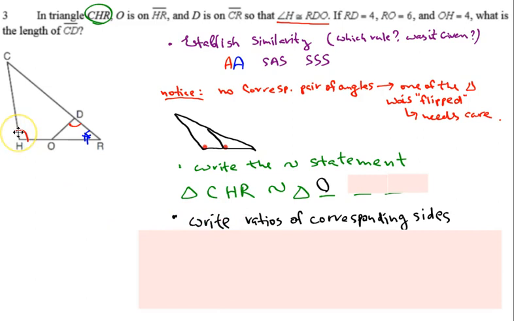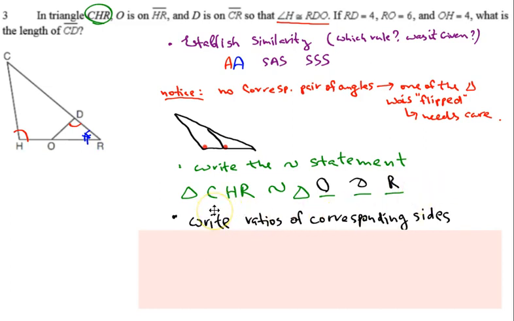Angle H right here would be then corresponding with the angle that is set congruent to it, RDO, right here. And angle R is itself by reflexive property.